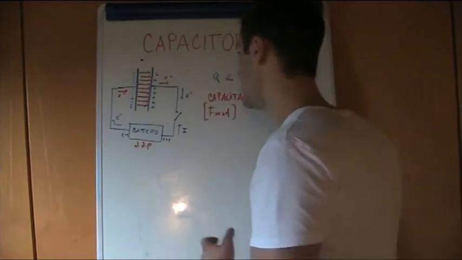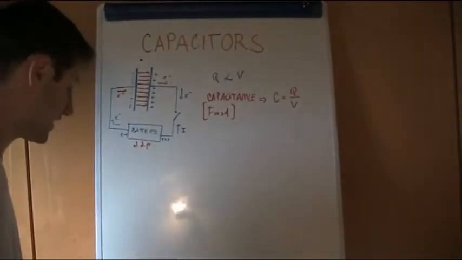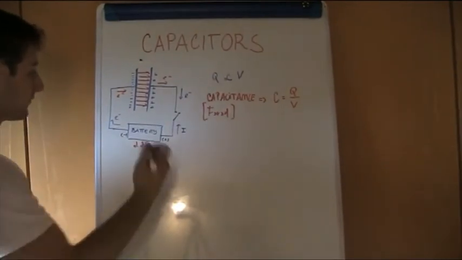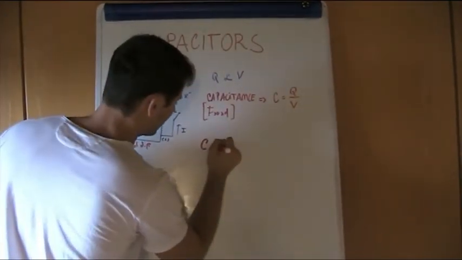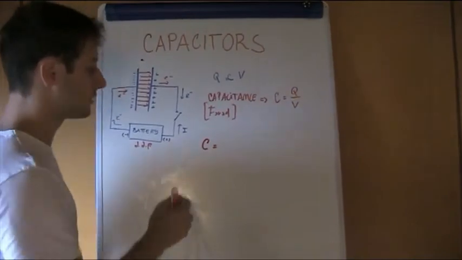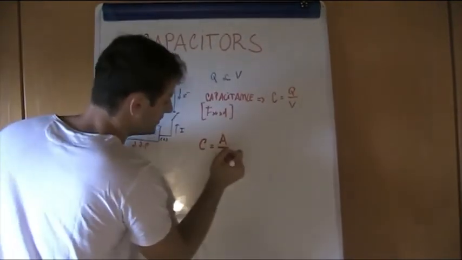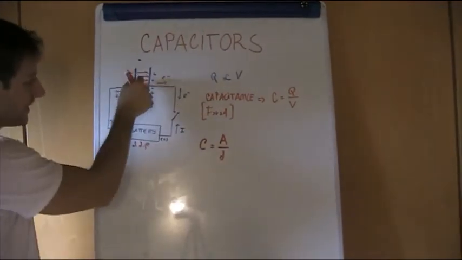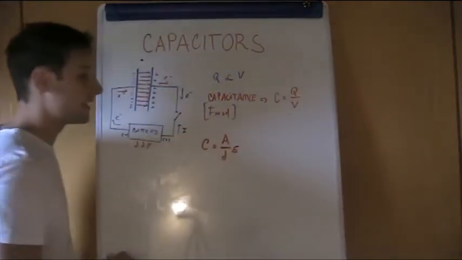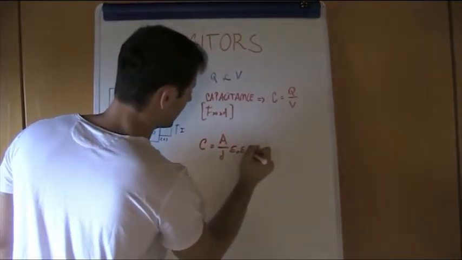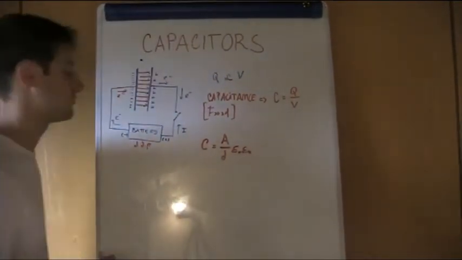And in particular, it's also extremely interesting to connect the capacitance with the geometrical parameters of the capacitor. We can say that the capacitance, in this case, is equal to the area of the plate over the distance between the two plates, times the permittivity of the vacuum, times the one of the dielectric. So basically, what does it mean?